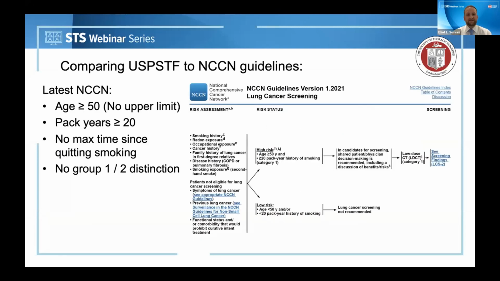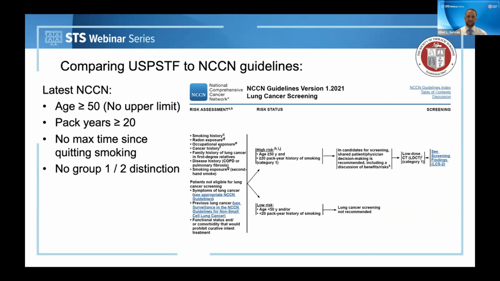So how do the USPSTF guidelines compare to NCCN guidelines? Well, Dr. Erkmen alluded to this, and this is an important distinction. In the latest NCCN guidelines, we see that screening is recommended for patients with age of 50 or greater with no upper limit. The pack years is still greater than 20, but importantly, there's no max time since quitting smoking.